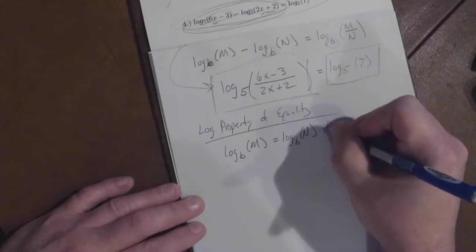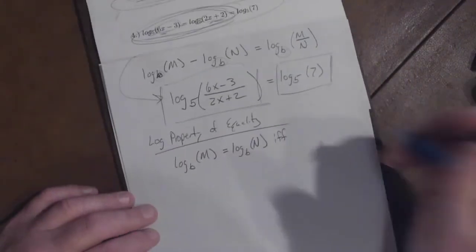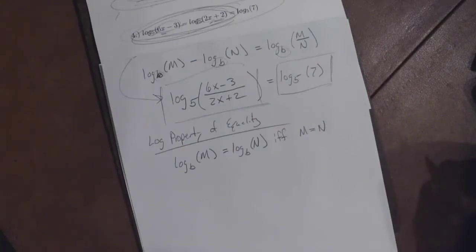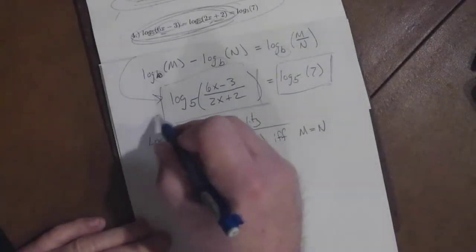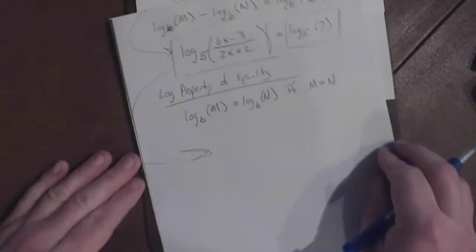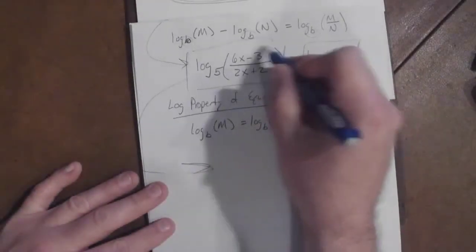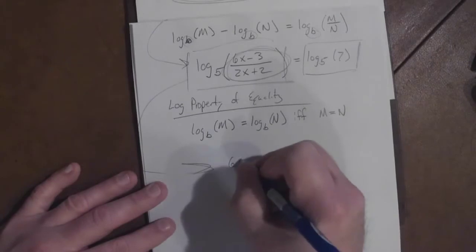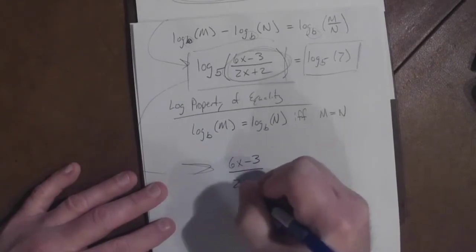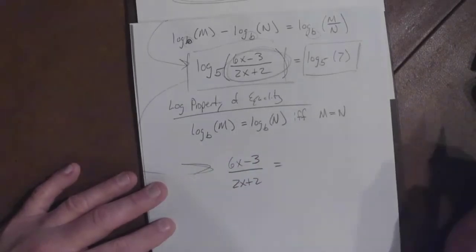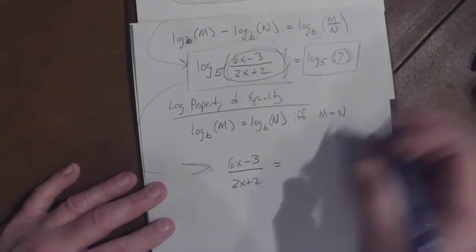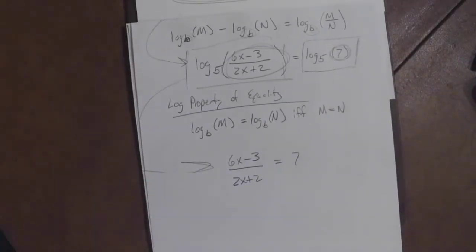If and only if what's true is that m is equal to the value of n. So if I apply that property here in this case, that means that the argument on the left, 6x minus 3 over 2x plus 2, must equal this logarithm's argument over here on the right, must be equal to 7 in value.